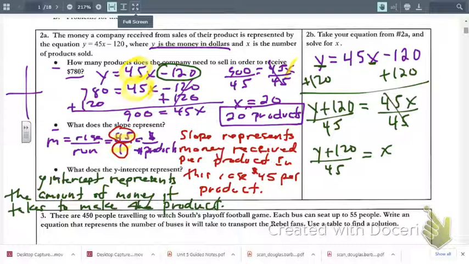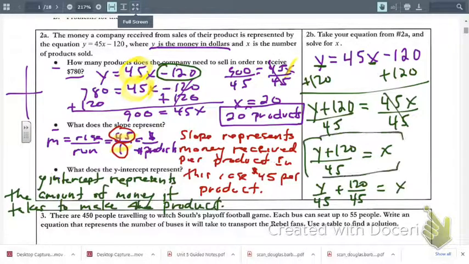Alright, so there x is by itself. We've solved for it. We could rewrite this as y over 45 plus 120 over 45. We could reduce that. I'm not going to. Equals x. So either one of these would be correct.